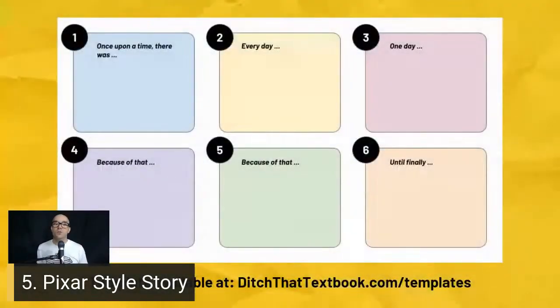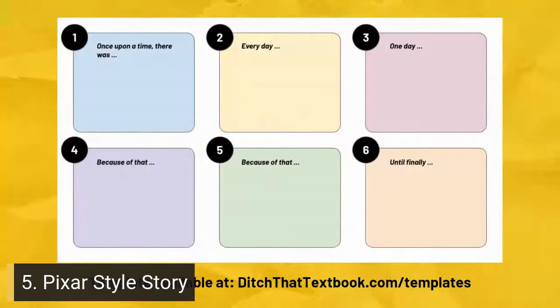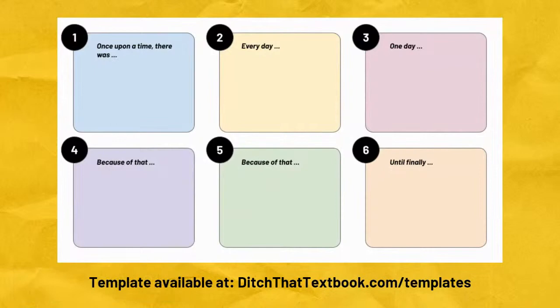Let's go on to number five, which is the Pixar style story. So Pixar has this story structure, and if you watch any of their animated movies, you'll see that they use this structure in pretty much every single movie. And what's neat is that we can use this as a way for students to create their own stories. And so when we do this, we're able to walk through the same structure that they would in Pixar, starting with Once Upon a Time There Was, then every day, then one day something different happens.